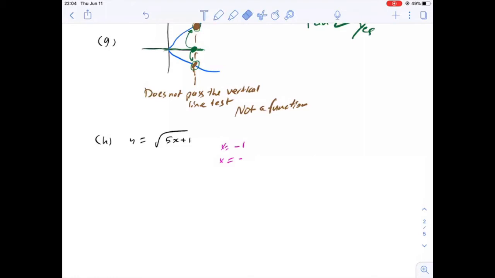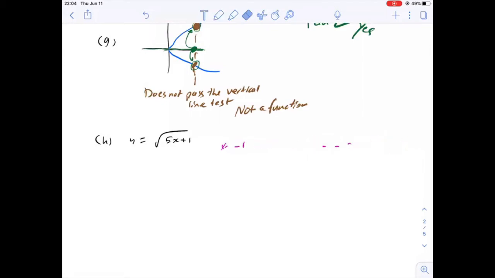Let's choose one value, -1. -1 gives y equals square root of 5 times -1 plus 1, that's square root of -5 plus 1. This is impossible because we have a negative value inside the square root. So these values are not defined.